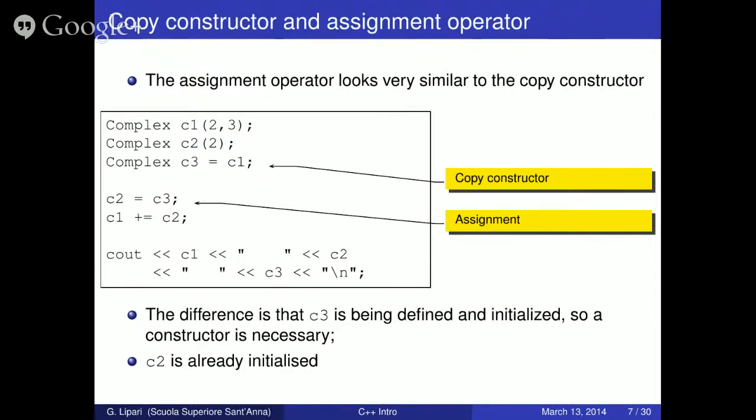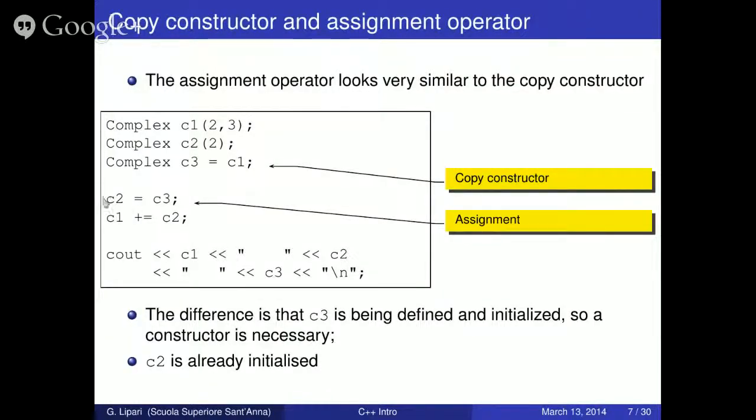What's the difference between copy constructor and assignment? Well, if you are creating the variable, it doesn't matter if you write using the parentheses or if you write using the equal sign, the function that is going to be called is always the copy constructor.